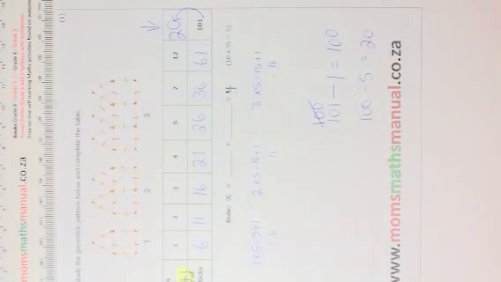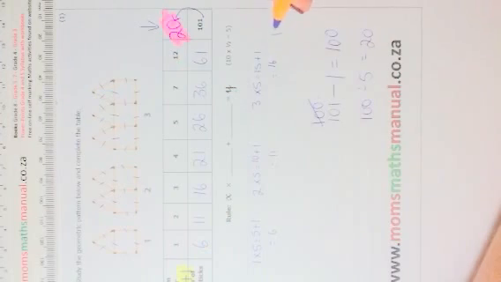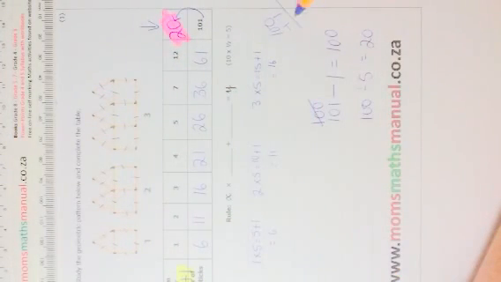Let me put 20 in. Let it stand out. Now let's check the rule. Does it work? 20 times 5 is 100. Fabulous. Add 1, and I get 101.